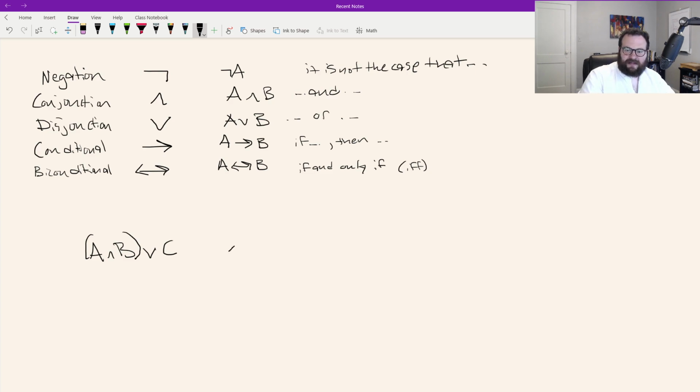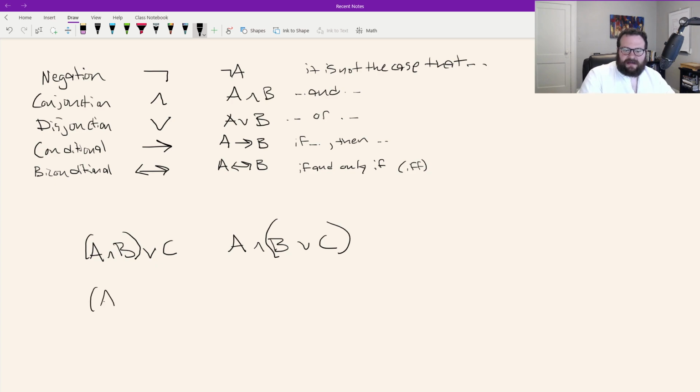I could have written it like this: A and (B or C), right? These two things say totally different things, right? So it's very important that you keep your parentheses straight here to indicate what you mean, right? Okay, we can keep adding more, right?